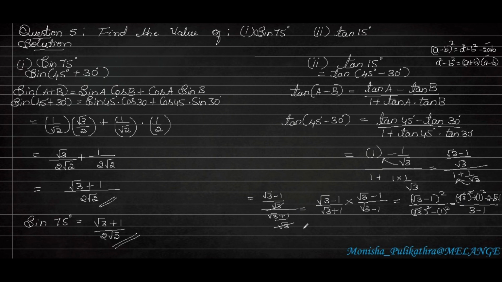Here root and square cancel. So the remaining will be 3 plus 1 minus 2 root 3 divided by 2. So 3 plus 1 is 4, minus 2 root 3, whole divided by 2. So this is the value for tan 15: 4 minus 2 root 3 divided by 2.